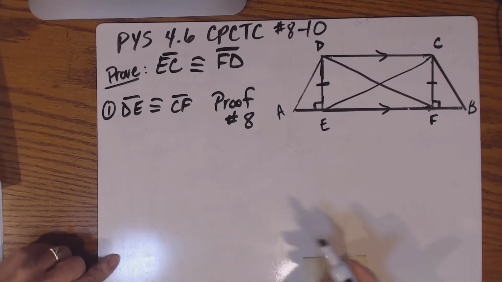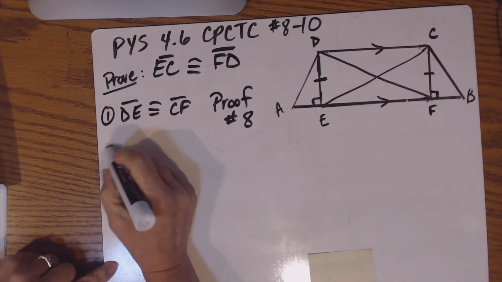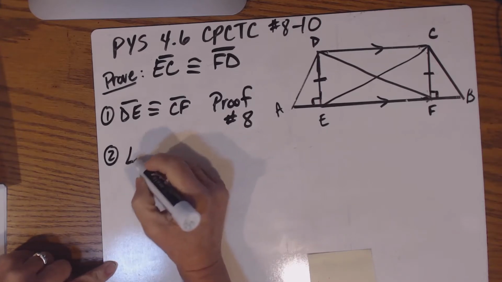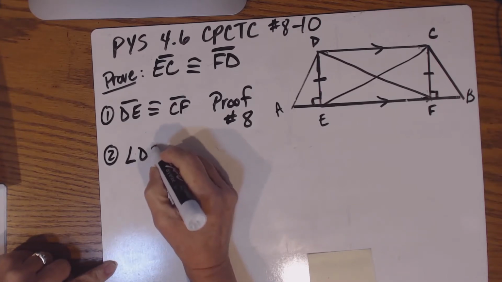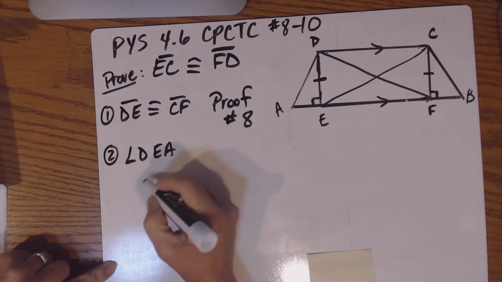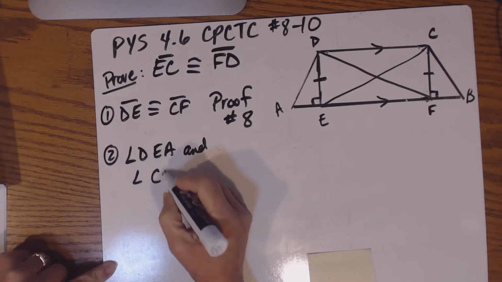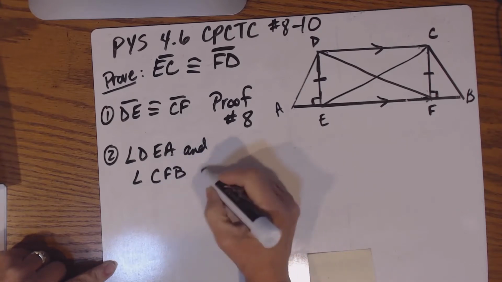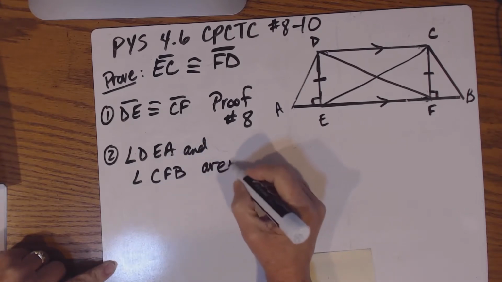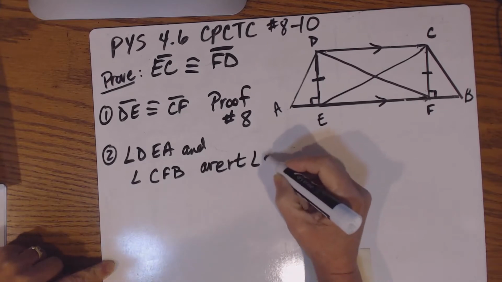Now, it is given to us as well that angle DEA and angle CFB are right angles. Okay, and that is also a given.